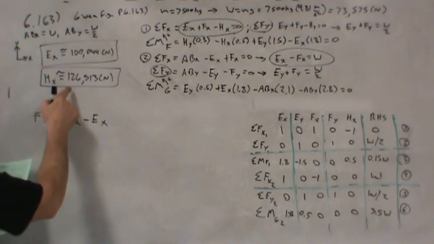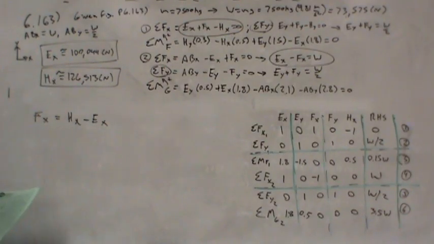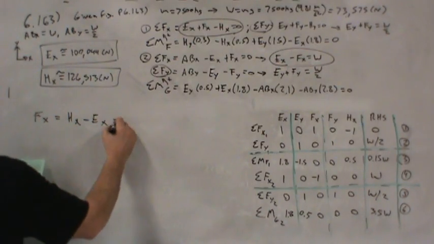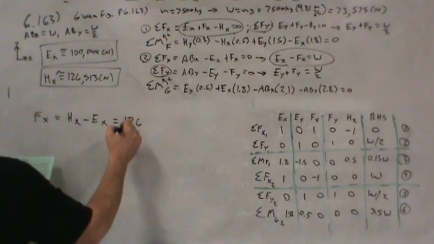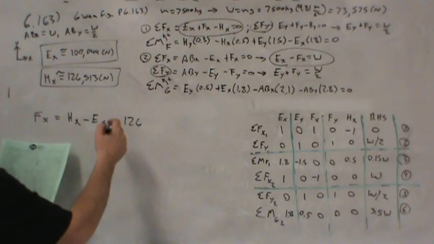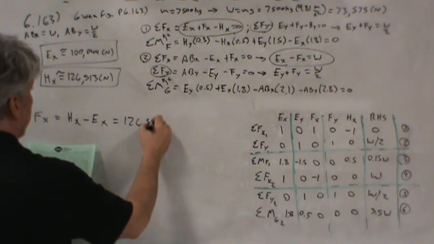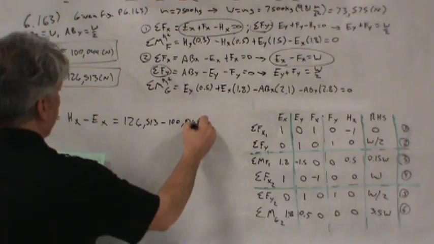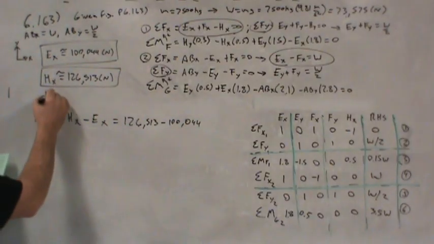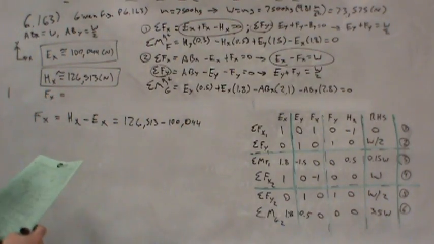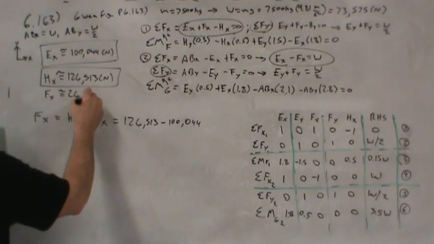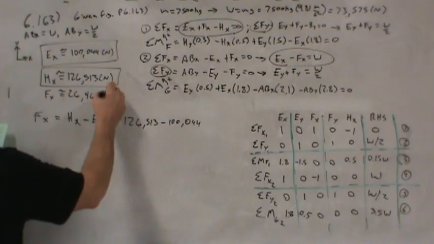It's going to be, well, positive actually, 126,513 minus 100,044 will give me Fx. That number comes out to about 26,469 newtons.